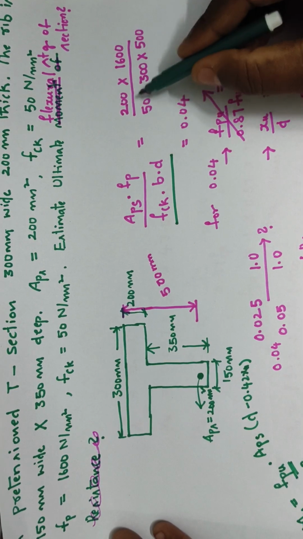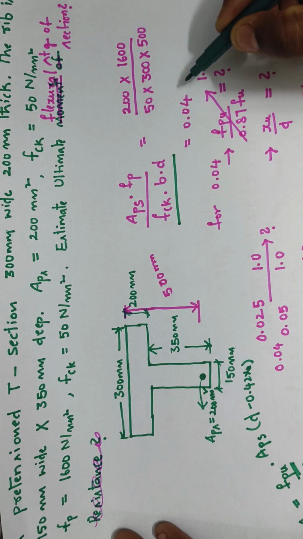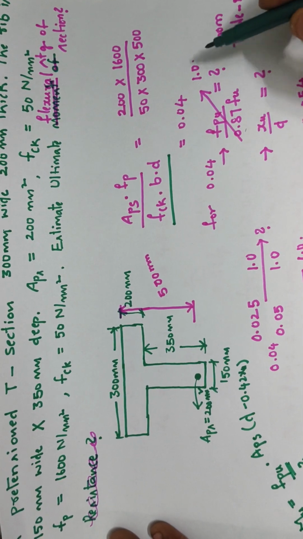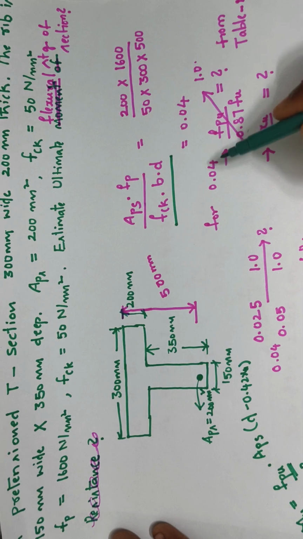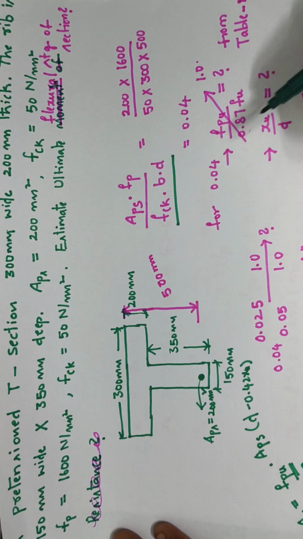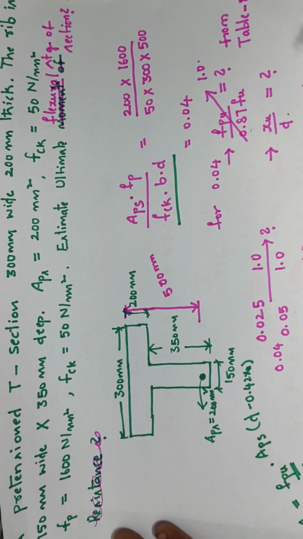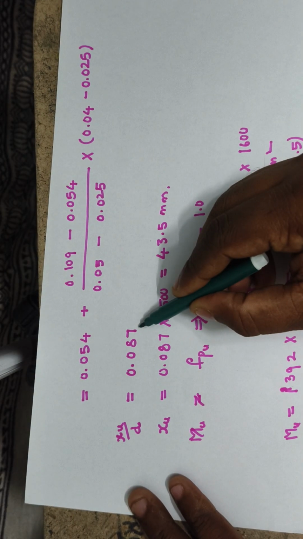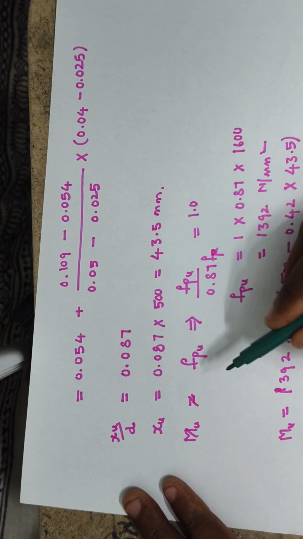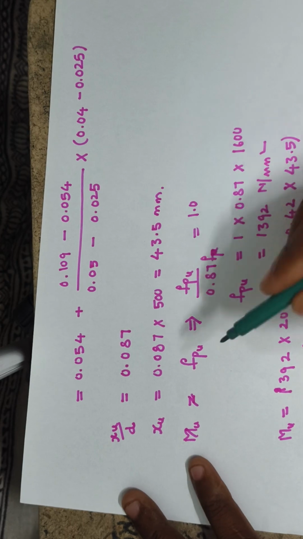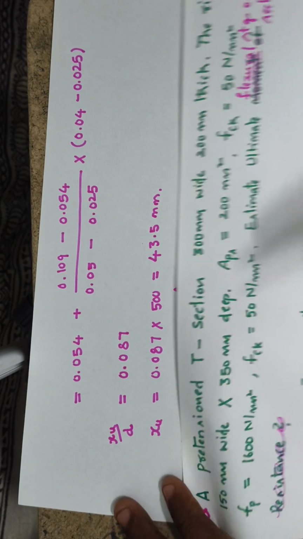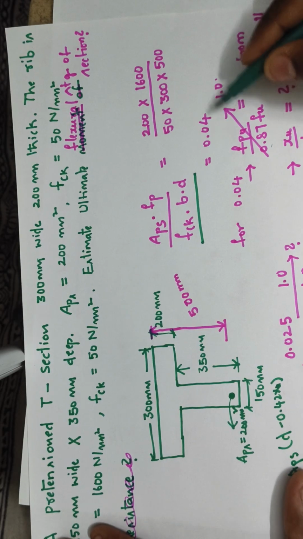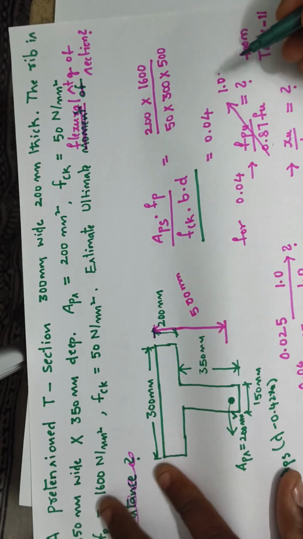The value of this one will be 0.04. For 0.04, what is the value of this term? This term is 1. And for the same 0.04, what is the value of XU by D? XU by D value is 0.087. From this we can determine XU value, and from this term being 1, we can determine the FPU value.